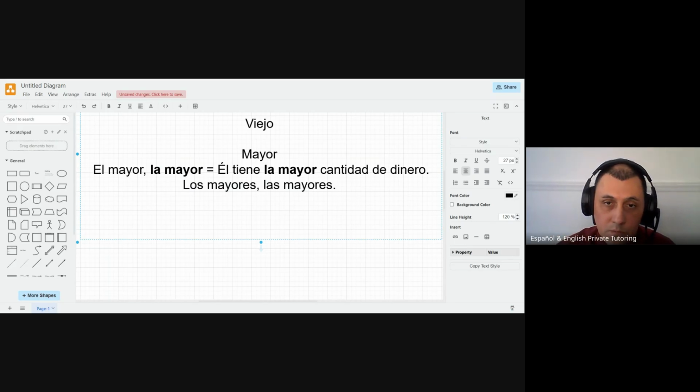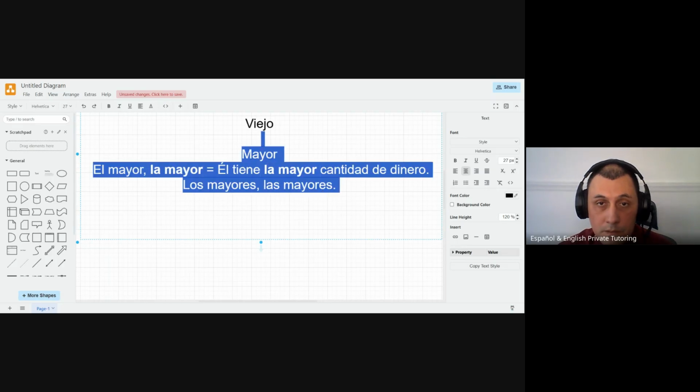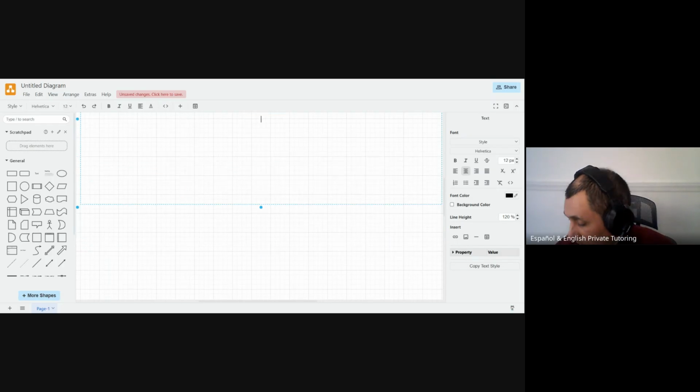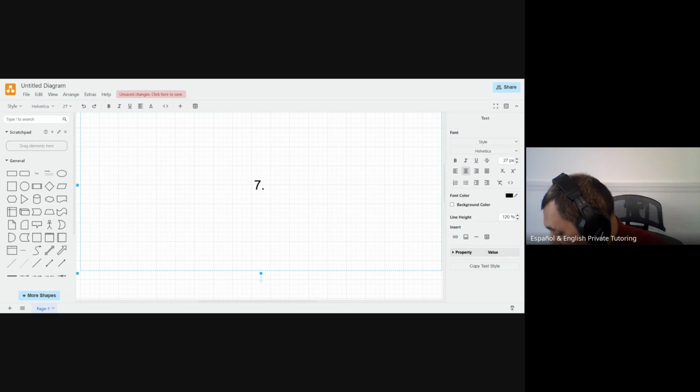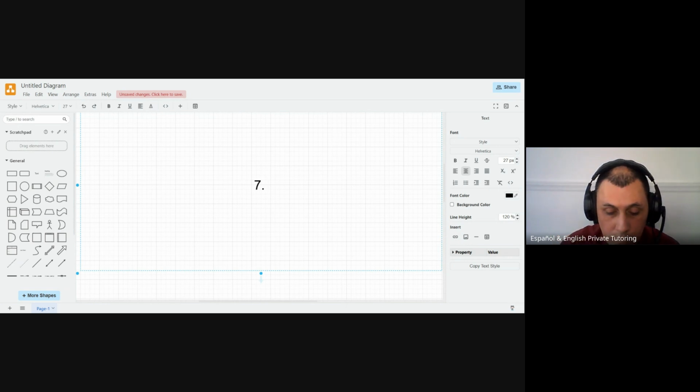On page 116, exercise 8.6, I'm going to explain number 7. This is a small mistake, but let's change the sentence.